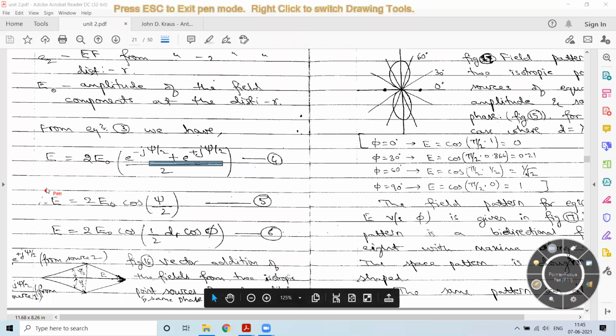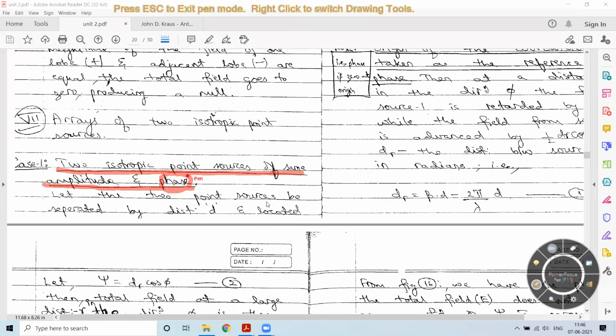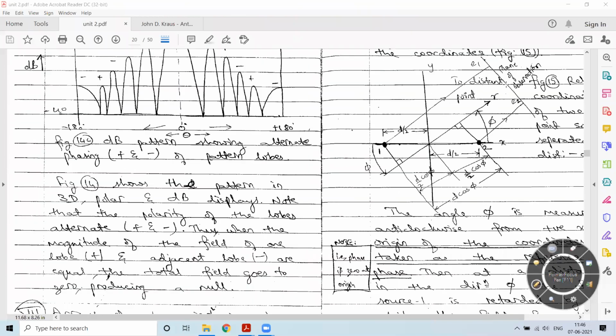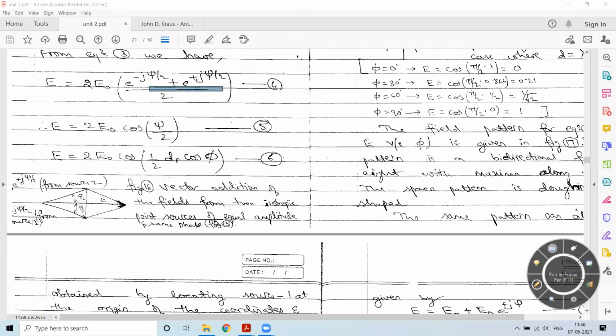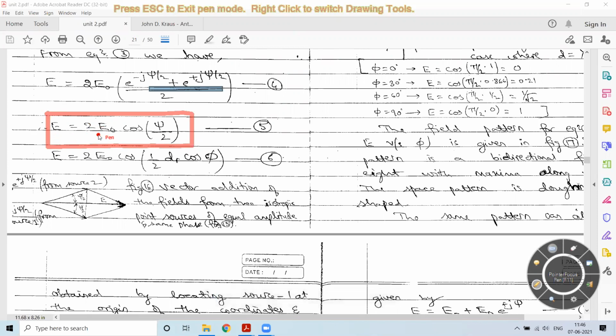Therefore, when we have an array of two isotropic point sources which have the same amplitude and same phase, sometimes referred to as in phase, the total field at a distance r is given by the cosine pattern. Referring to this equation, E is equal to 2 times E naught cos psi by 2.